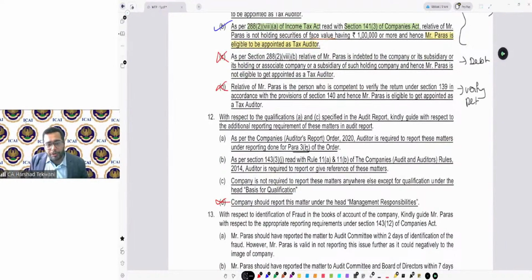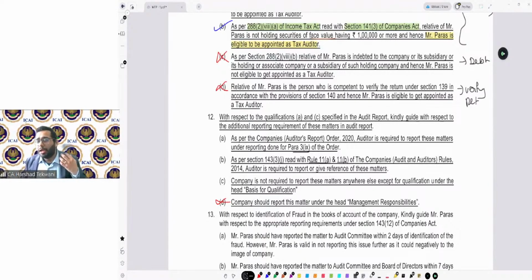However, in option 2, if you see, there are two rules mentioned, rule 11A and 11B. I can correlate something. If there are two different reportings, they are different subject matter, they might not be getting clubbed in one. By taking a chance, I can go with 11A and 11B.